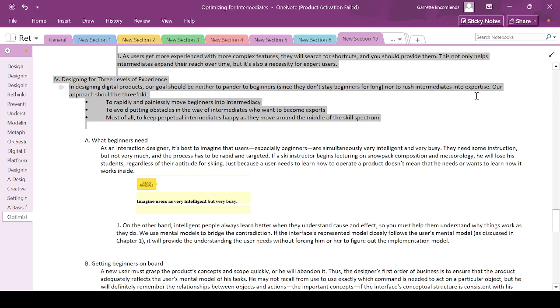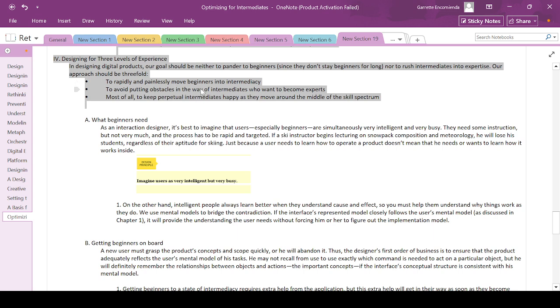So we don't want to hinder beginners, but we also don't want to rush intermediates into expertise because they may not have time. So our approach should be threefold: to rapidly and painlessly move beginners to intermediacy, to avoid putting obstacles in the way of intermediates who want to become experts, and most of all, to keep perpetual intermediates happy as they move around the middle of the skill spectrum.